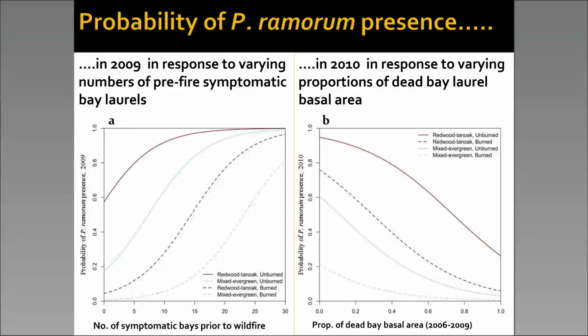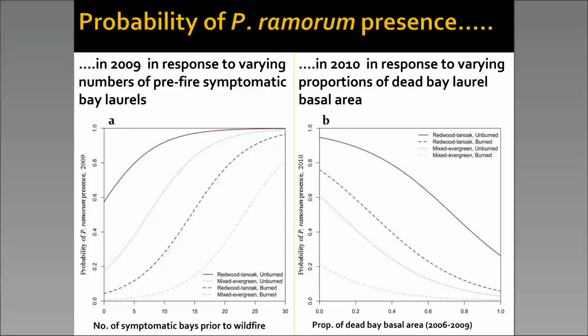Then when you look in panel B, in 2010, if we're looking at the probability of P. ramorum presence in response to varying proportions of dead bay laurel basal area, you see that you have in the beginning your highest probability of detecting the pathogen when you have very low levels of dead bay basal area, and as the amount of dead bay basal area increases, your chances of pathogen presence drop off.